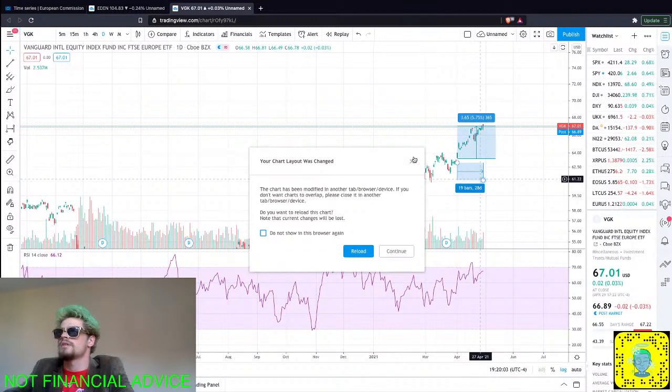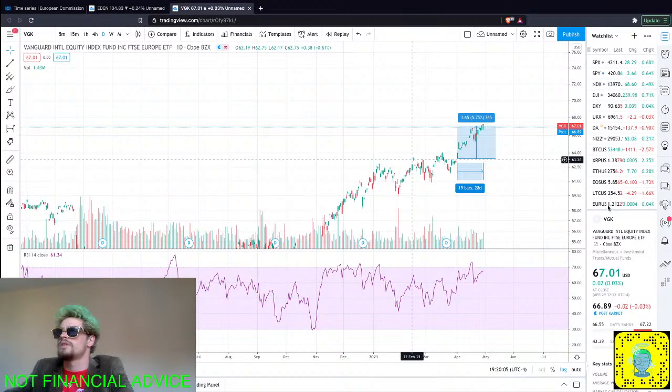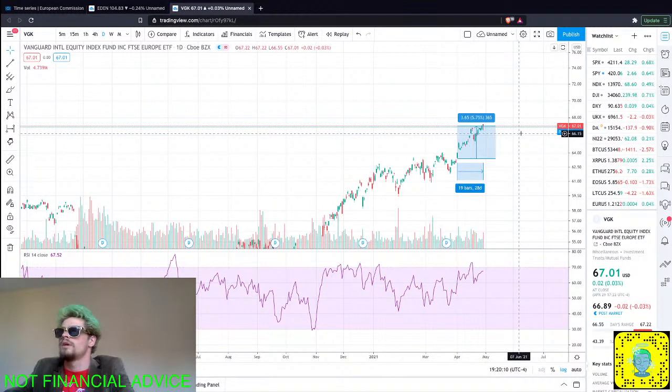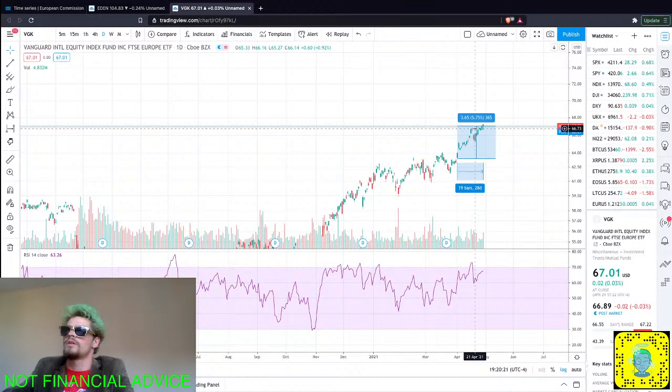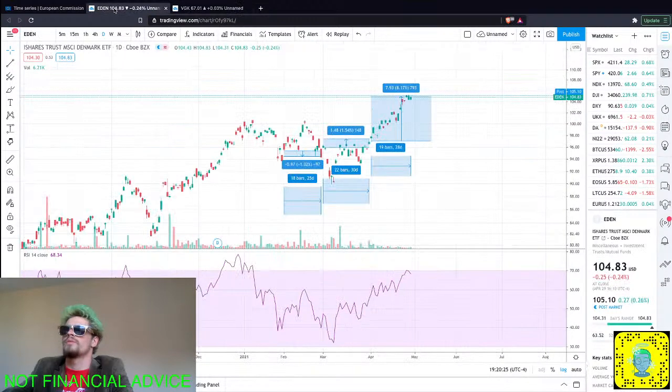Because this is the FTSE Europe ETF, which just tracks the European stock market. And in the month of April, thus far, it has only increased a little bit under 6%, whereas Denmark, for the month of April, their stock market has increased over 8%.